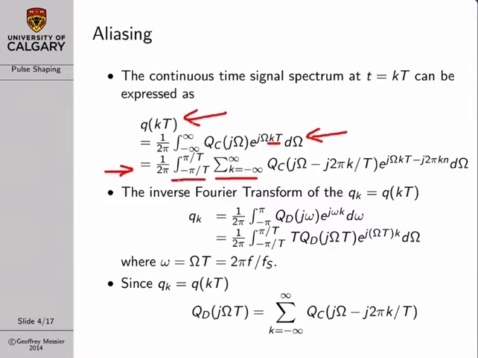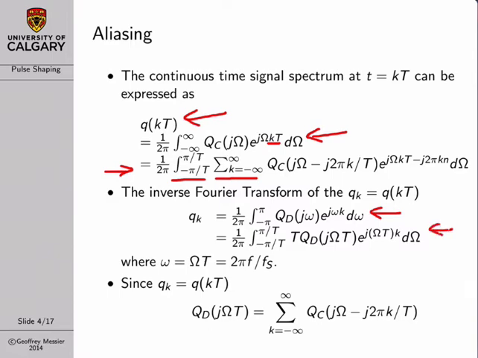Now, the second and third lines of this equation are completely equivalent to one another. I'm just using this special form to help us with what's going to come next. This next equation is the inverse discrete time Fourier transform of our sampled signal right here. And what I'm going to do in the next line is just perform a variable substitution.